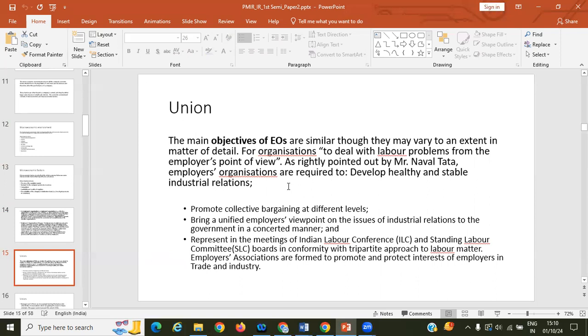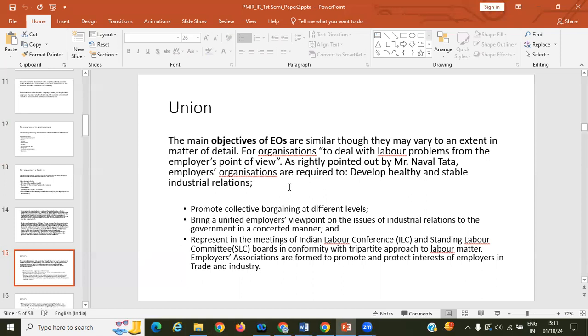Industrial relations means any problem happening in an industry related to financial matters, non-financial matters, your work culture, your working style, your work environment, how you are developing your atmosphere and maintaining good relations in your industry.